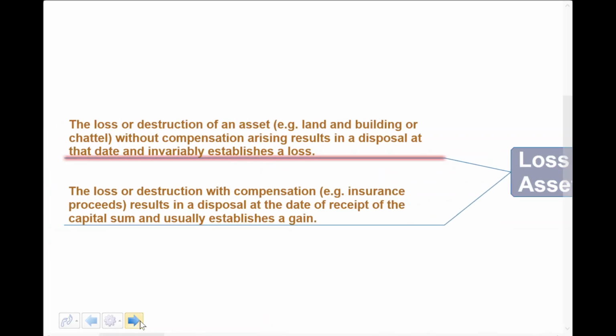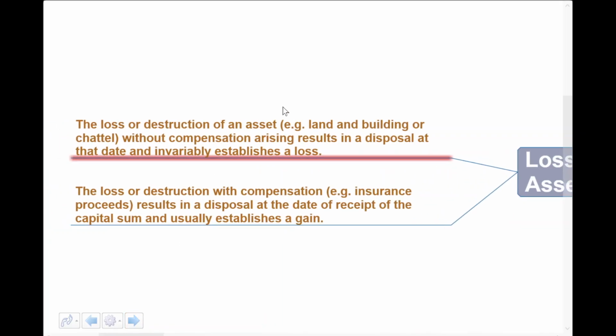So in terms of loss, destruction or damage of an asset, the basic area here is quite straightforward. So let's say we've got land, or buildings, or a chattel. If it's basically destroyed, and there's no compensation, in effect, this will establish a loss.